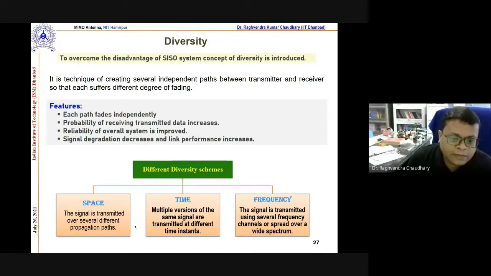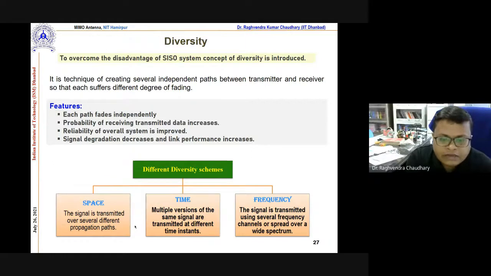If you are talking about space first, the signal goes through different paths, so there is a probability that the signal will reach the destination, and the reliability will not be broken.